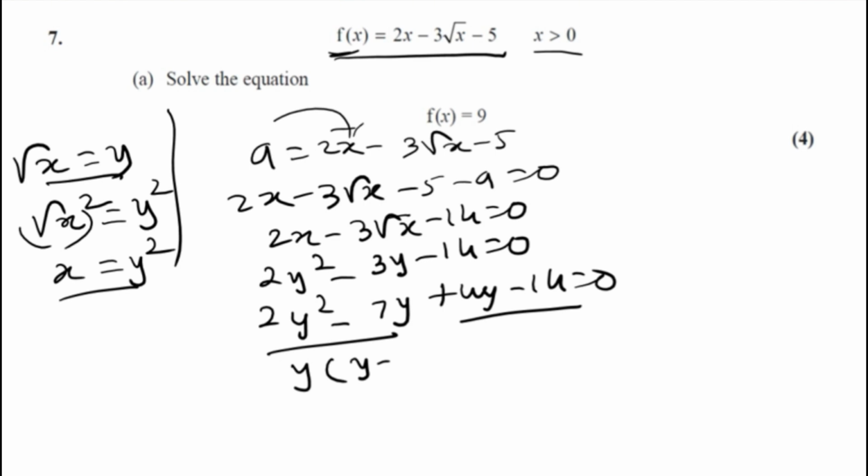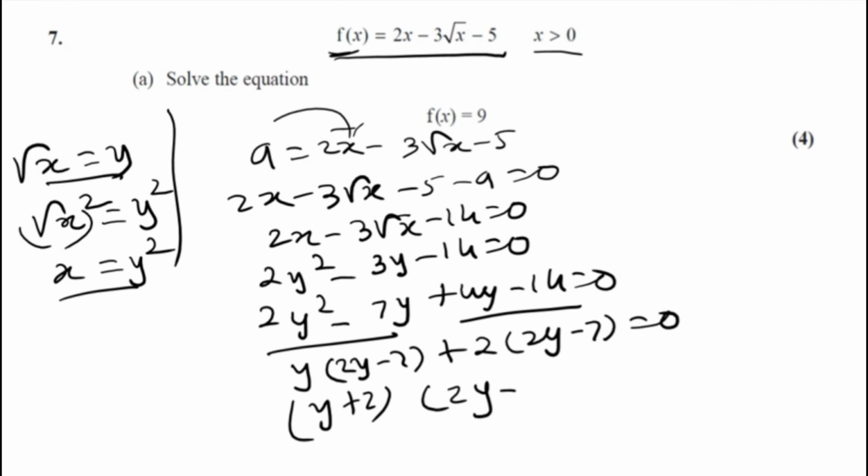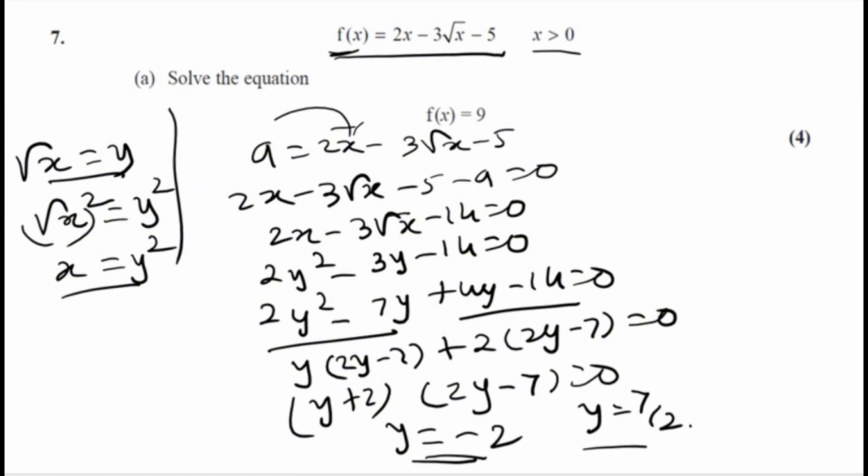So y times 2y minus 7 plus 2 times 2y minus 7 equal to 0. So y plus 2 and 2y minus 7 is equal to 0. So we are getting two values of y, minus 2 and 7 over 2.